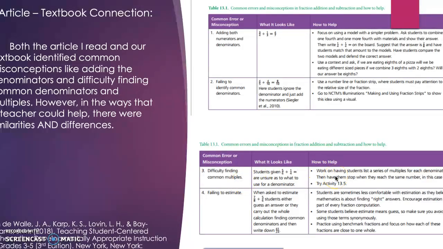And the text suggested to work on having students list a series of multiples for each denominator and then have them stop when they reach the same number. This is super procedural. And being a former special education teacher, I can tell you that that's not going to be a good option for students that struggle with that kind of thing.